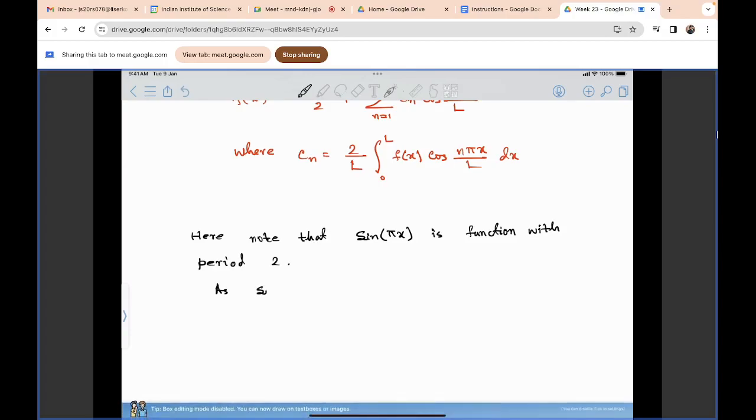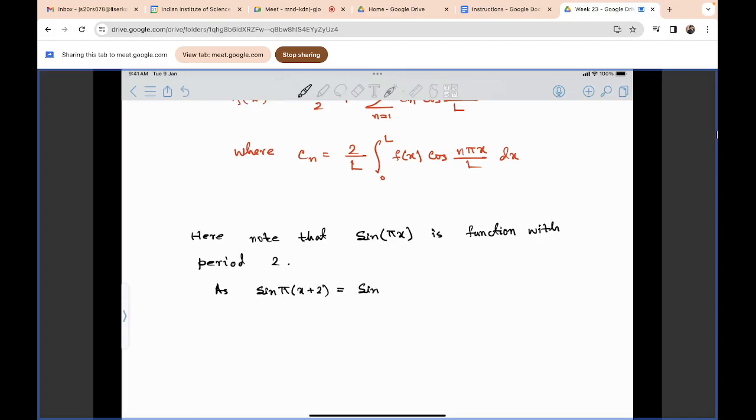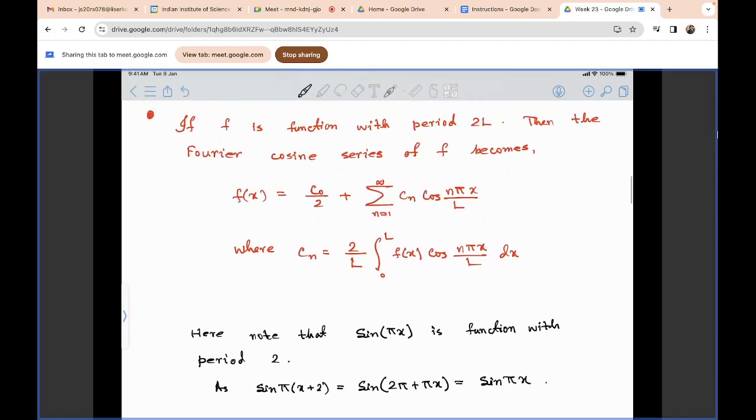As sin of pi times x plus 2 gives 2 pi plus pi x, and as sine is 2 pi periodic, it will become sin pi x. So sin pi x is 2 periodic. Therefore here l becomes 1.